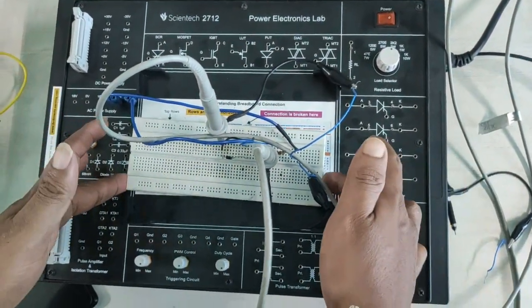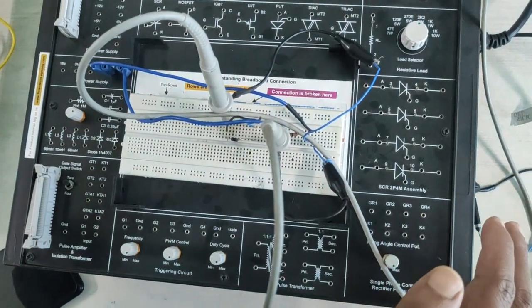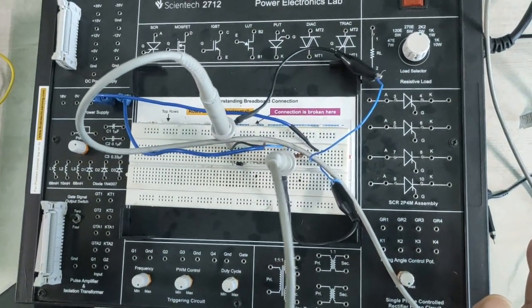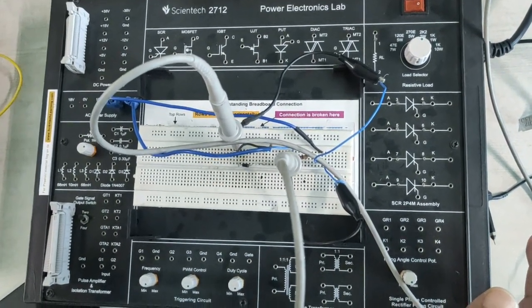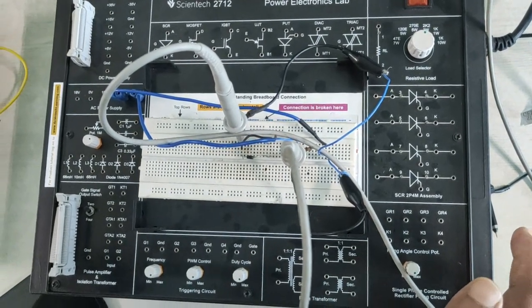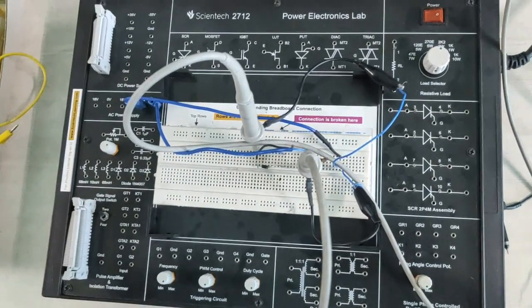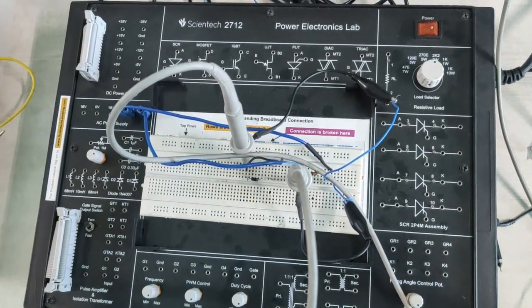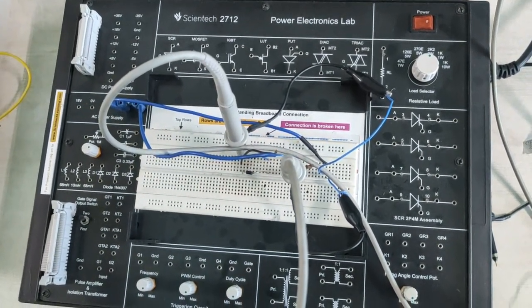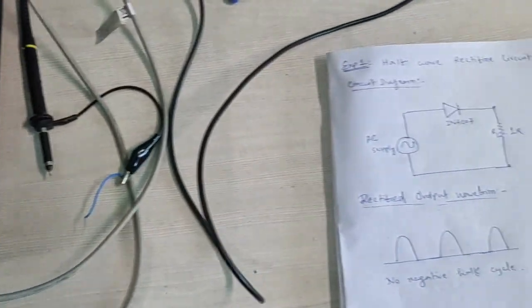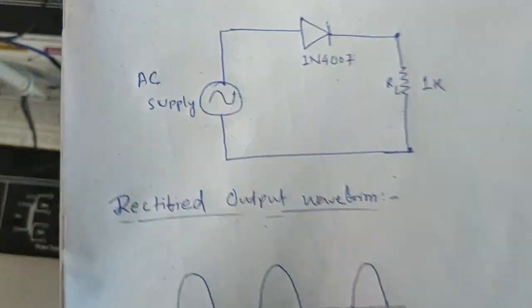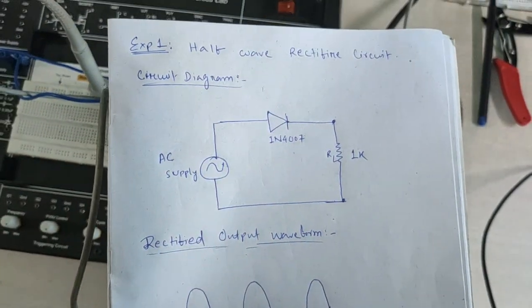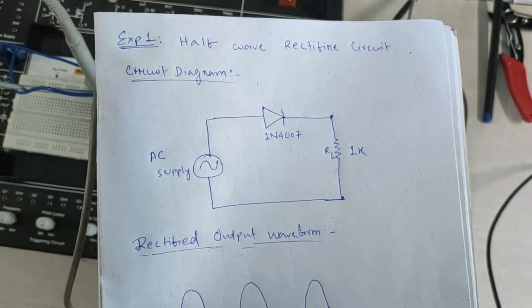So today we are going to just perform or recall the experiment about the half wave rectifier using a PN junction diode. Basically the main application of a PN junction diode is to rectify circuits. So it is basically a conversion of AC signal to DC power supply, right?